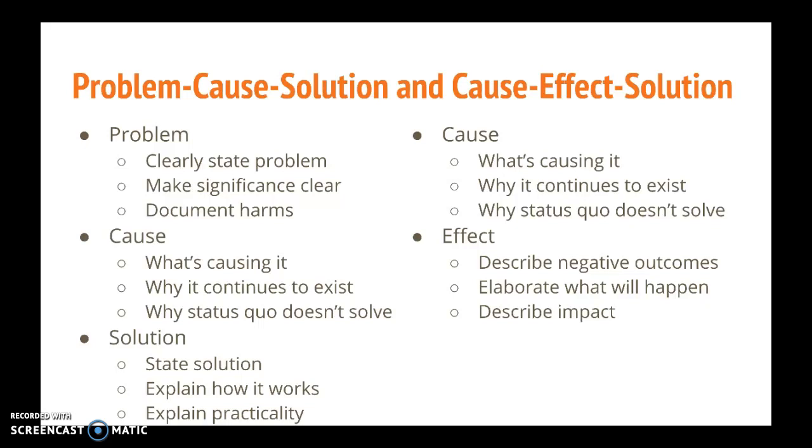So I first describe the negative outcomes, right? I say that the more that we eat all of this beef, the more methane goes into our atmosphere. And the more methane that goes into our atmosphere, the more we're going to be seeing these extreme weather patterns. And more people are going to be affected by this.